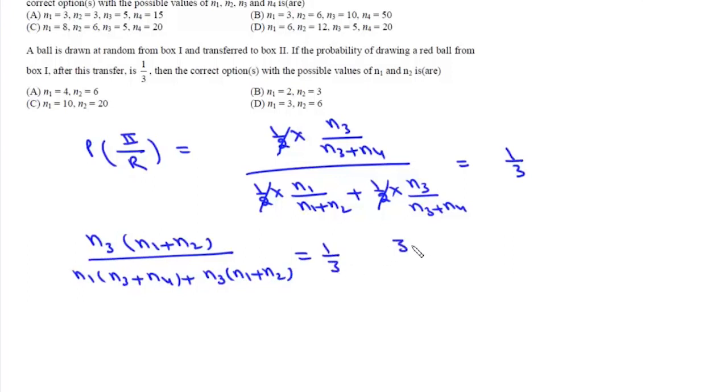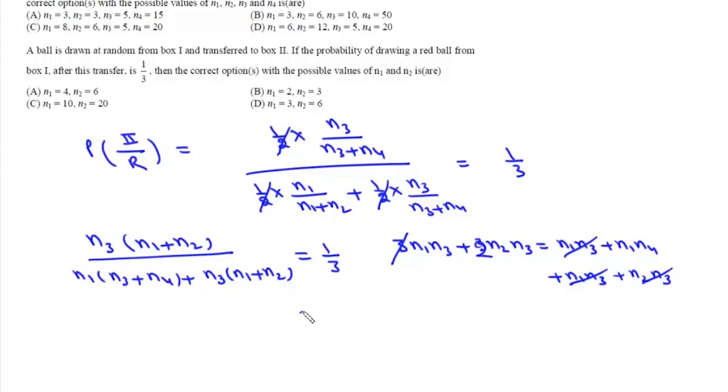Now we can write this as 3 n1 n3 plus 3 n2 n3, and it will be equal to n1 n3 plus n1 n4 plus n1 n3 plus n2 n3. Now n1 n3 twice will cancel here. Now this n2 n3 will be this 2, so we can write 2 times n2 n3 must be equal to n1 into n4 minus n3.